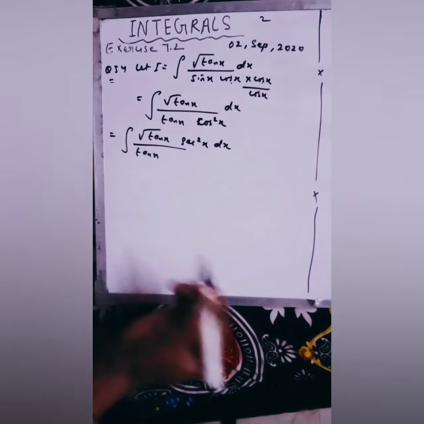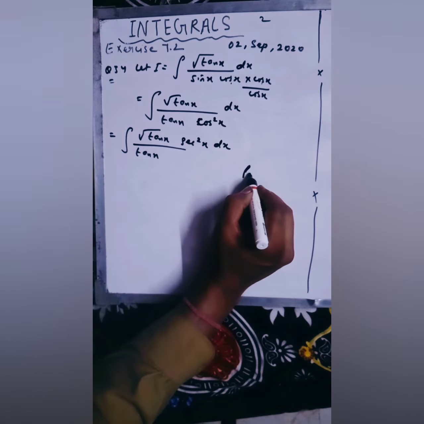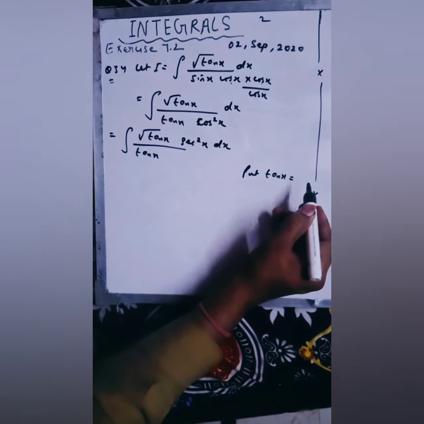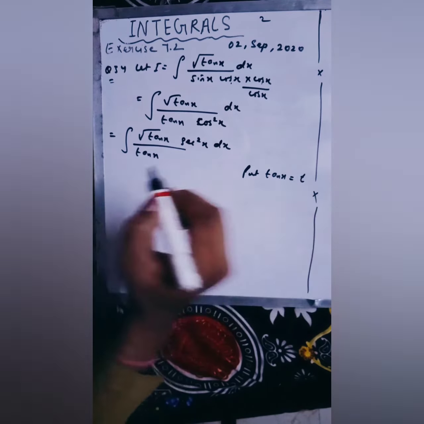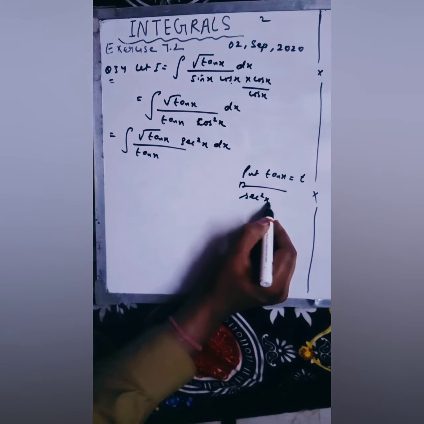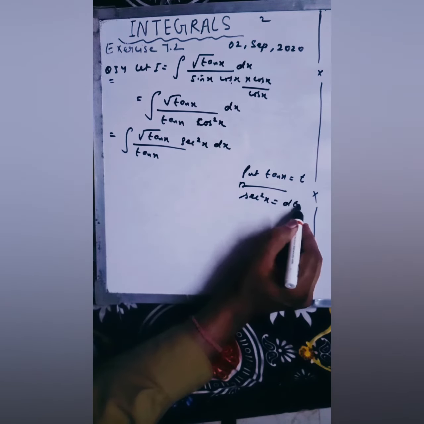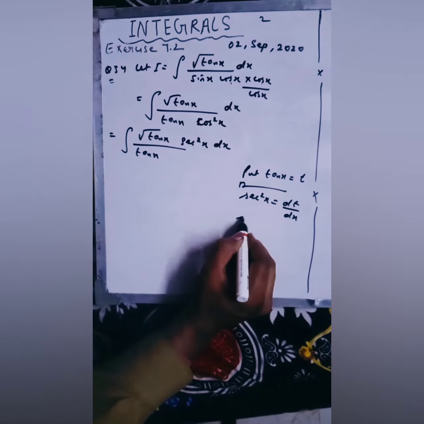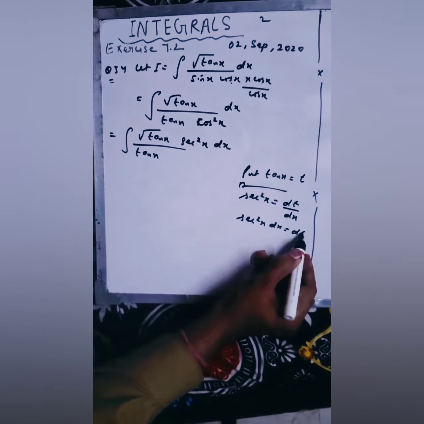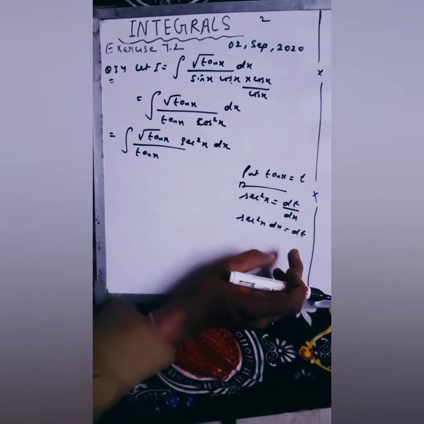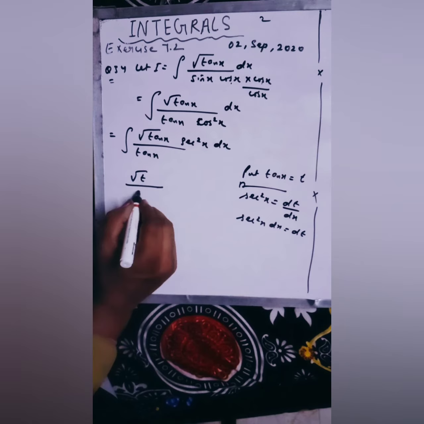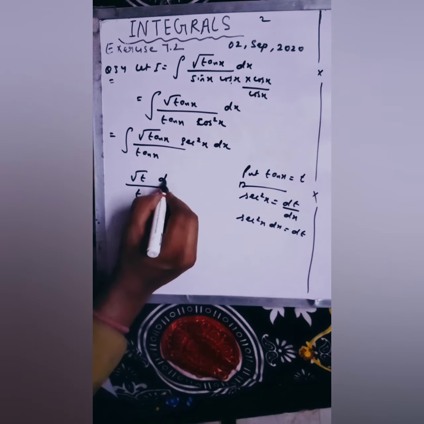Got it? Now what you have to do, put tan x equal to t. Now you have to differentiate it, and you will get sec square x equal to dt by dx. So your sec square x into dx would be equal to dt. So in place of this I will put dt, and this is your root t over t, and this is your dt.